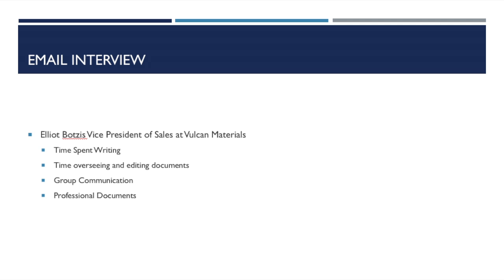Just to cover a little bit about myself, I have just applied for a sales representative job at Vulcan Materials, and I decided to reach out to the vice president of sales in this area and ask him some questions about what level of business communication is expected, how much time he spends writing, how much time he spends overseeing and editing documents, how much group communication is involved in his job, and if he has to write or oversee any professional documents.